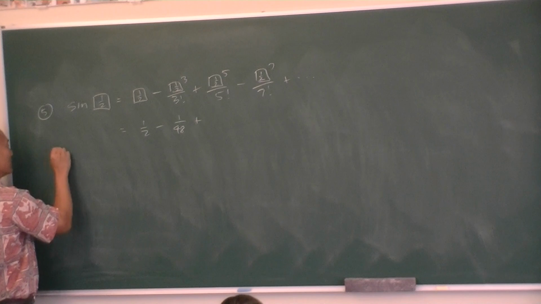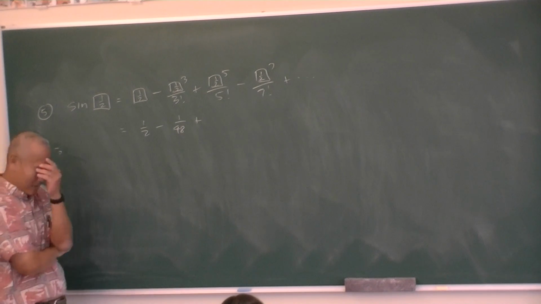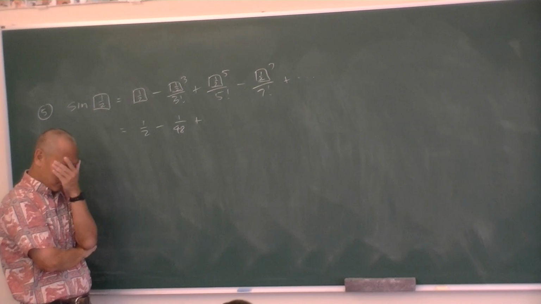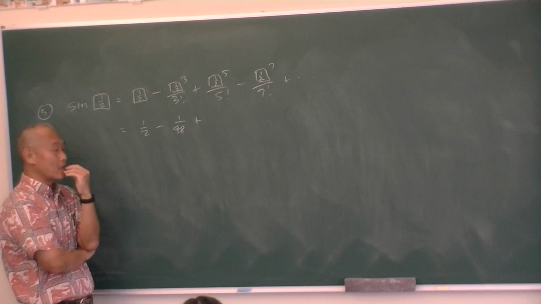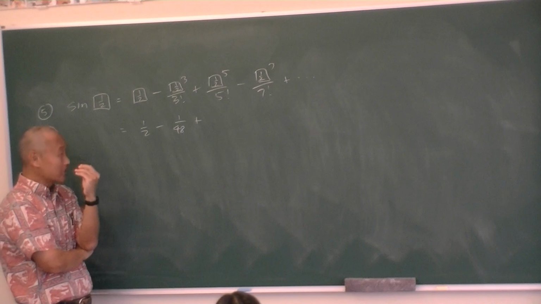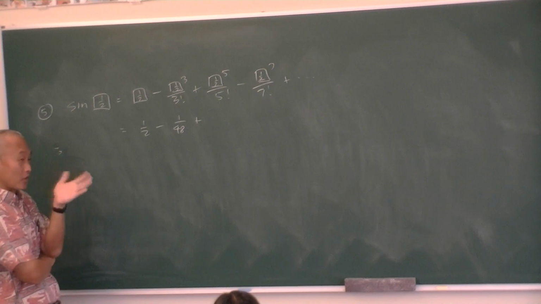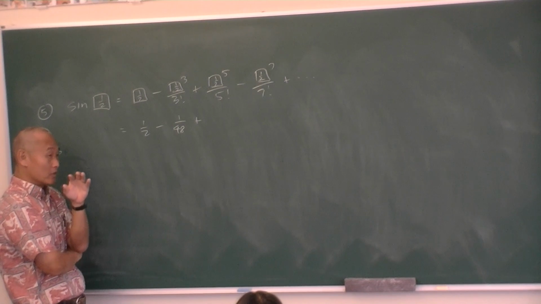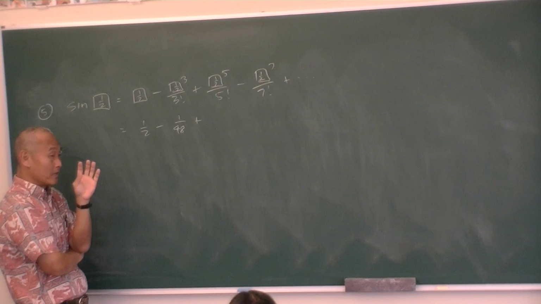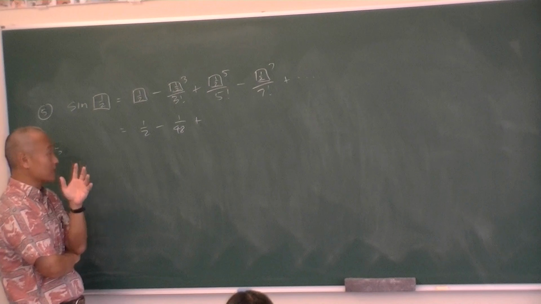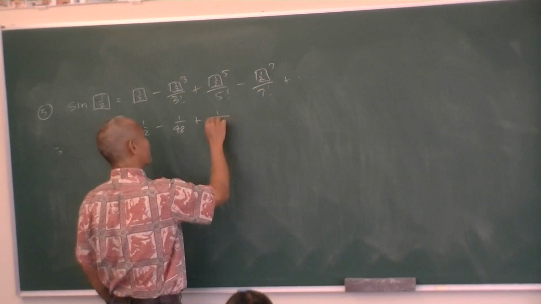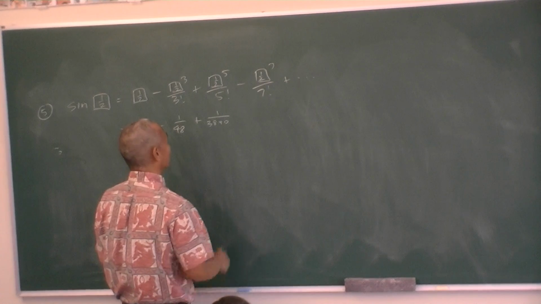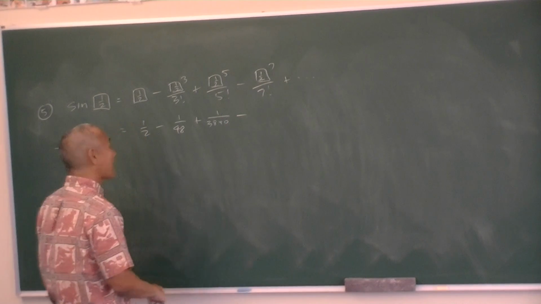I'll just do this in my head. 32 times 12. So that's like 32 times 10 plus 2. So that's 320 plus 64, 384 with a 0. So this is 1 over 3840, is that correct? Yes. So you go to the next one.